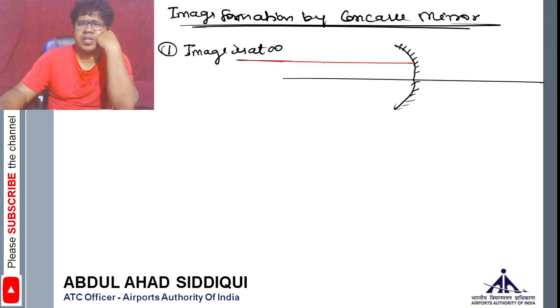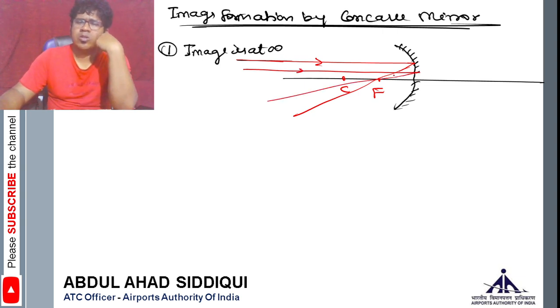After reflection, it will pass through the focus. This is the center of curvature, this is the focus. Any ray coming parallel will go like this. All the reflected rays will intersect at the focus, meaning the image will be at the focus.